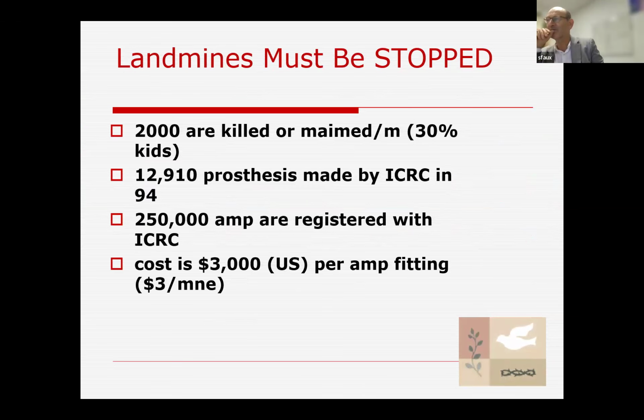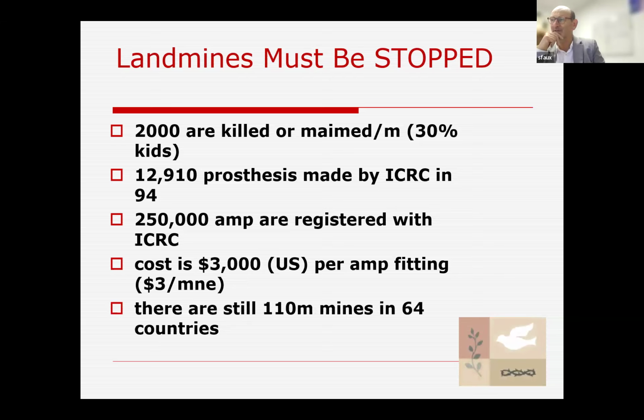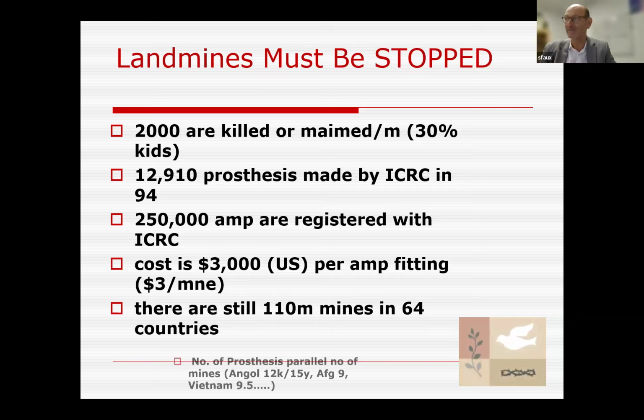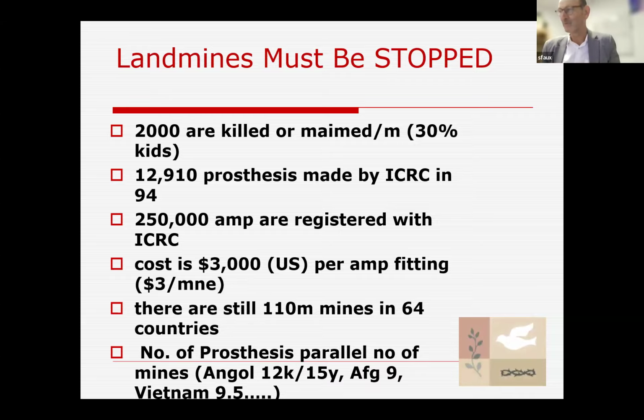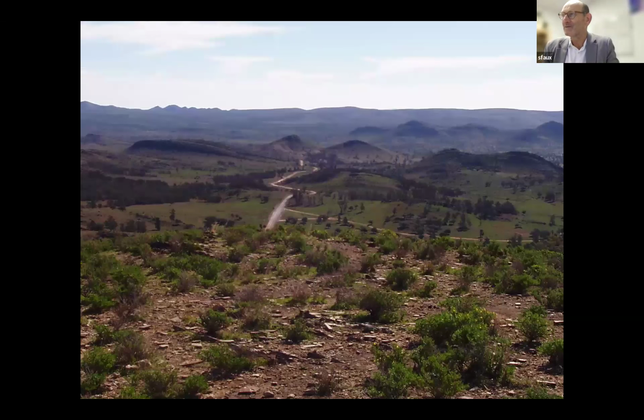The cost of a prosthesis is about $3,000 per amputee, but it only costs $3 to buy a landmine. And there are still 110 million landmines in 64 countries. And the number of prostheses parallel the number of mines. So it's a long road if you've got an amputation, and there's a long road to treating them.